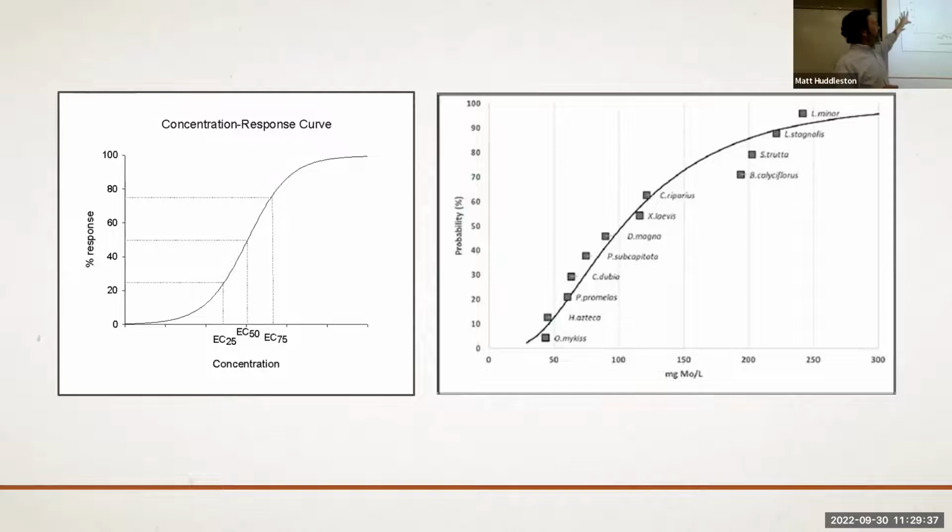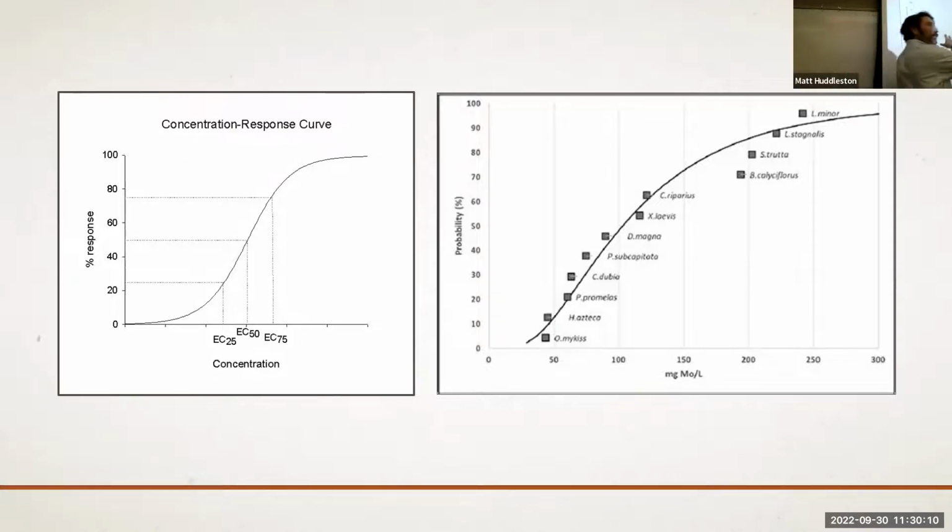And if I expose them, let's say, for example, to copper in water, and so at the point that 20% or 25% of that population is beginning to respond adversely to the copper, I can draw a line over here to that concentration of copper, and I can get what's called an effects concentration of 25% of the population. Or I can look at the effects concentration of 50% of the population, and so on. So that's a concentration response curve.